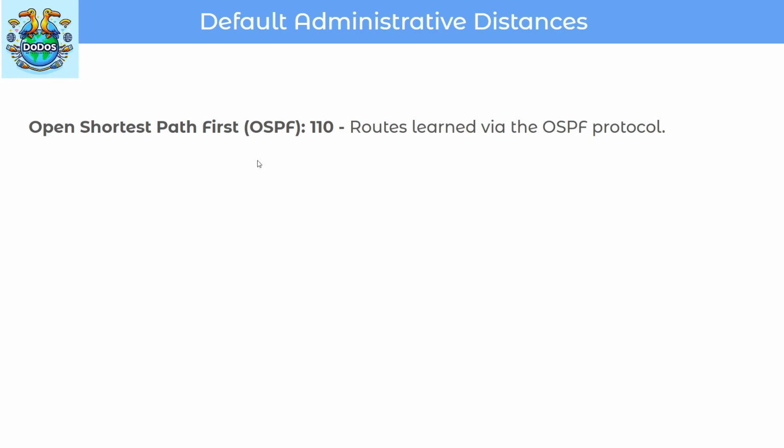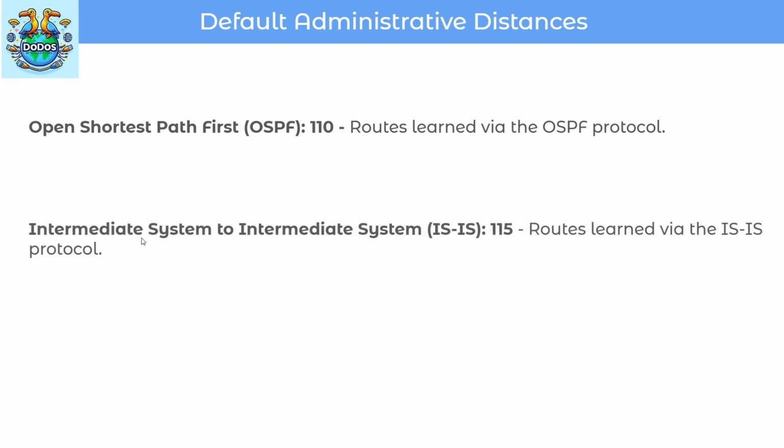Then there's OSPF, which is open shortest path first, has an administrative distance of 110, and its routes learned via the OSPF protocol. Then there's intermediate system to intermediate system, or IS-IS, which is an administrative distance of 115, and it is routes learned via the IS-IS protocol.